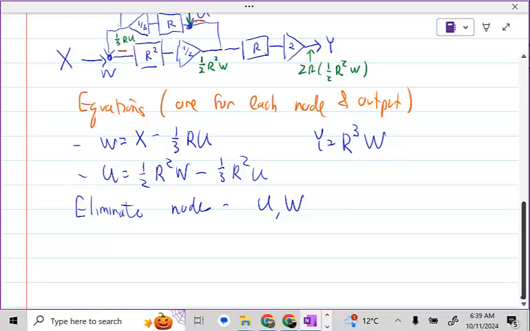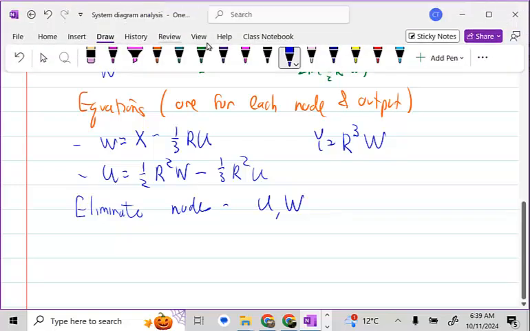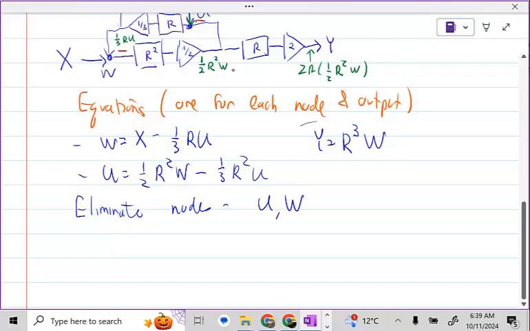Now, from this equation here, I can actually eliminate the W. I can write this as W equals R to the minus 3 Y. Now, in the end, you don't want to have negative powers on your R, but temporarily I can write it this way.